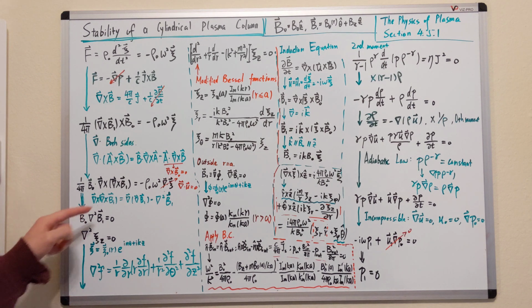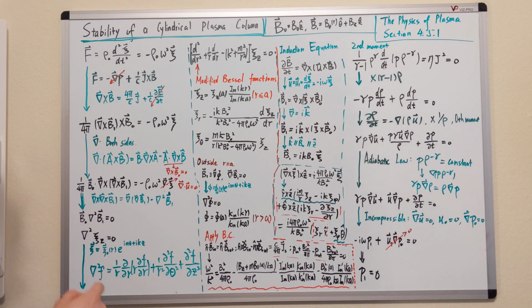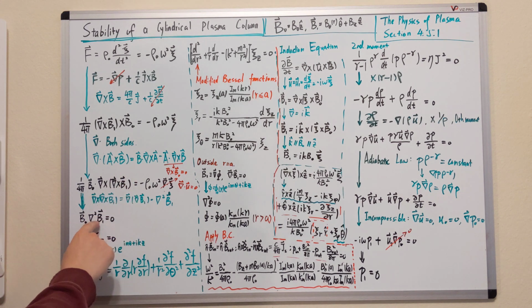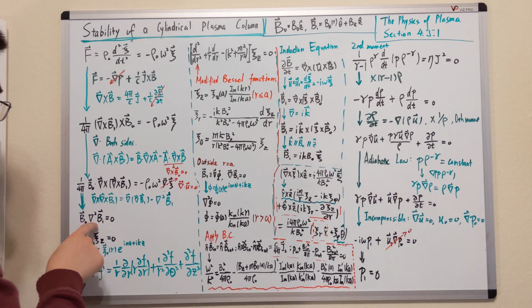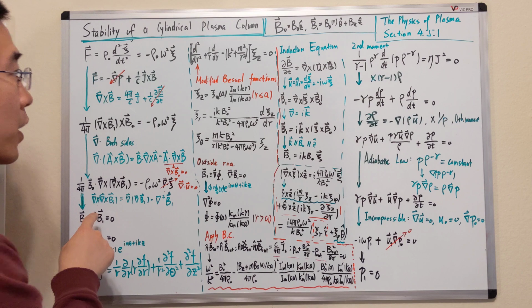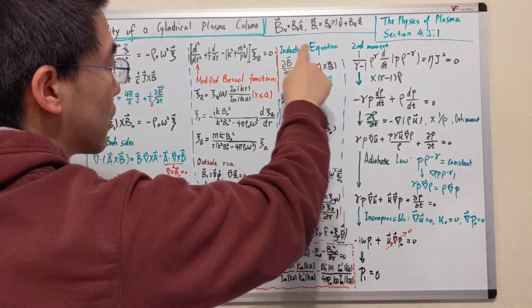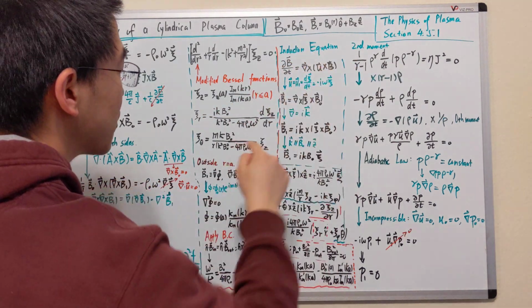Since b naught is in the z direction, we're only left with Laplacian b1z, that is, Laplacian bz equals zero. So then we can write bz in another form, and then this part, we need to use this part.